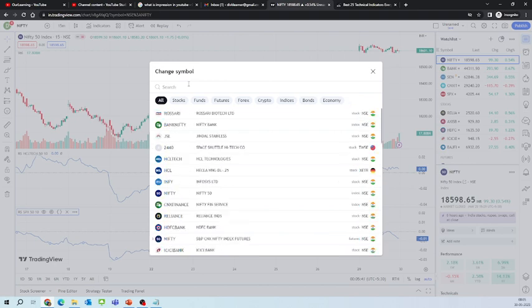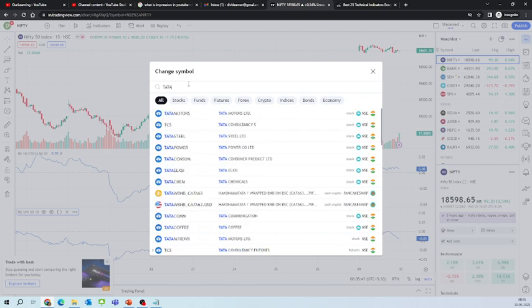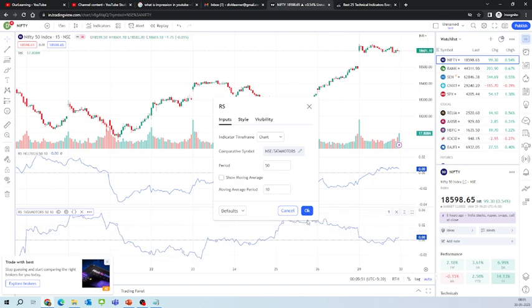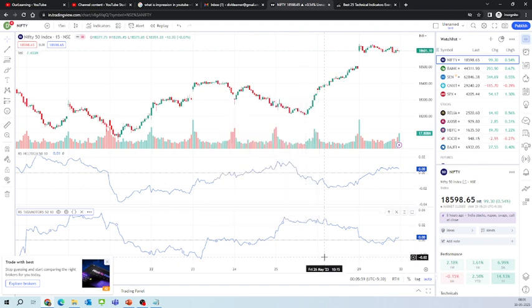So I can say HCL Tech is already there. So if I say Tata, let's take Tata Motors, and then moving averages for period of 50, and period is this. So you can see now Tata Motors as compared to the Nifty, and HCL Tech as compared to Nifty.